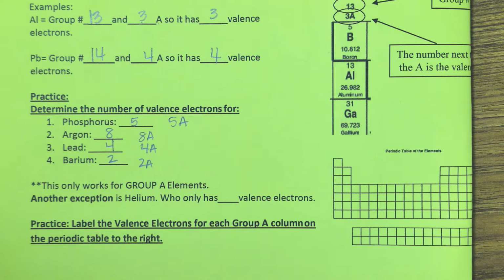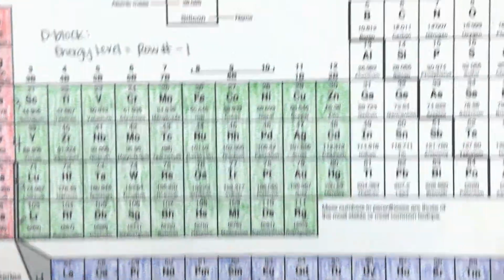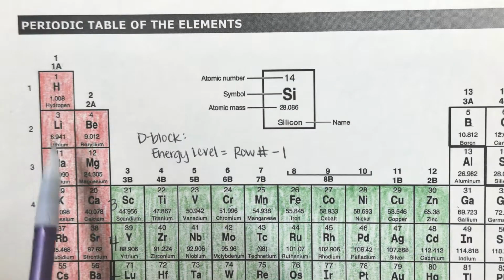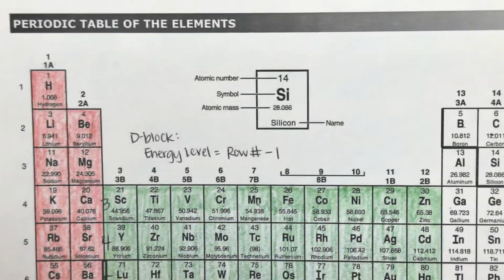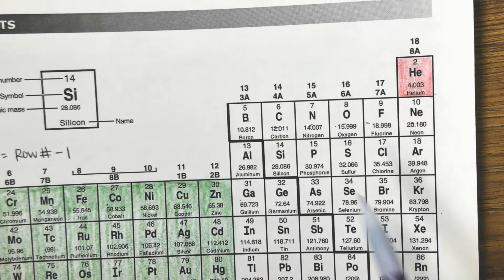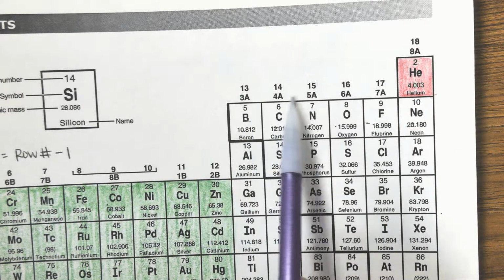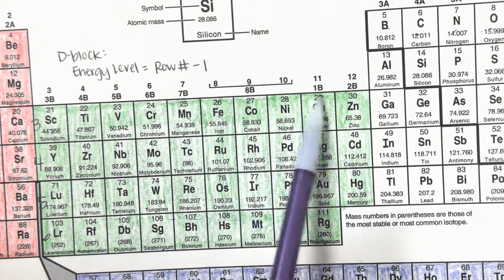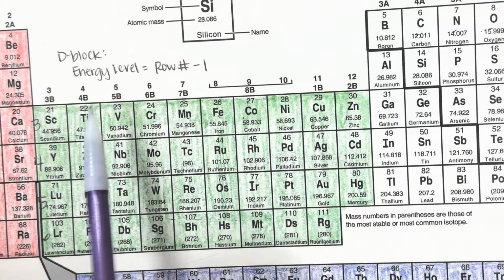Please remember that this only works for group A elements. If we take a look at our periodic table, these are your group A elements: the S block as well as the P block. Those are all our A elements. It does not work for our D block or our group B elements.